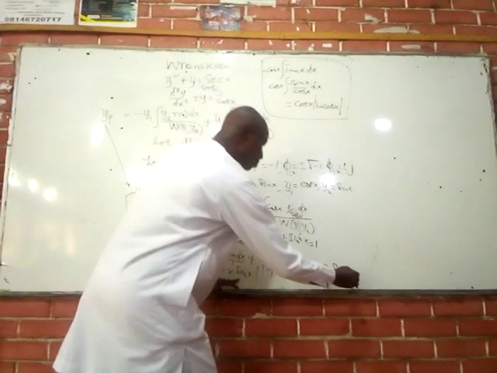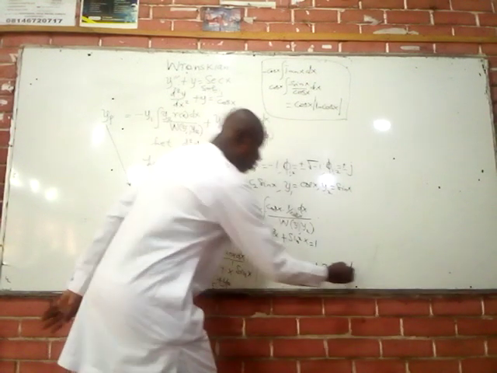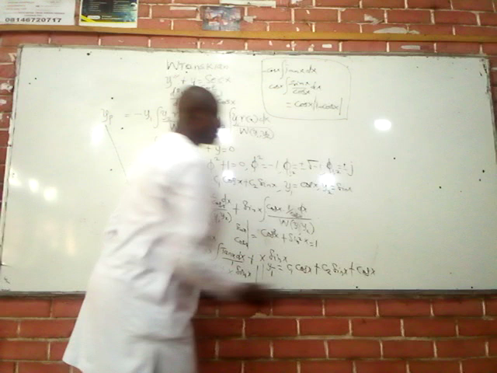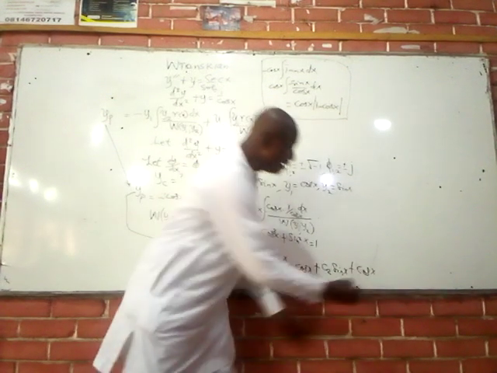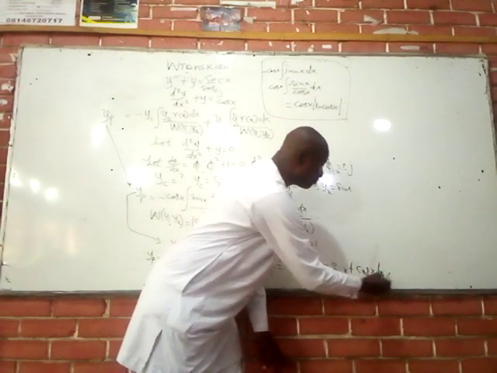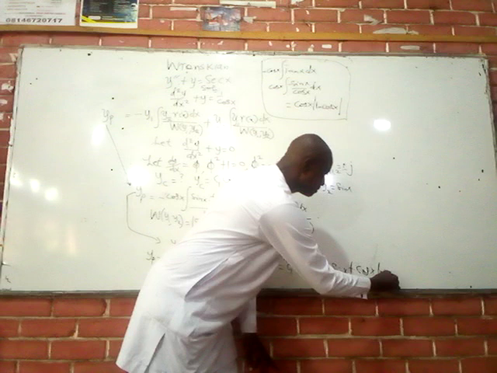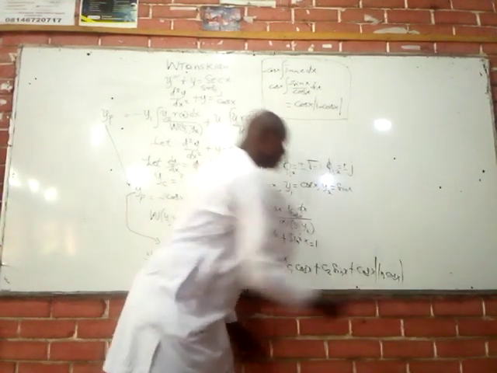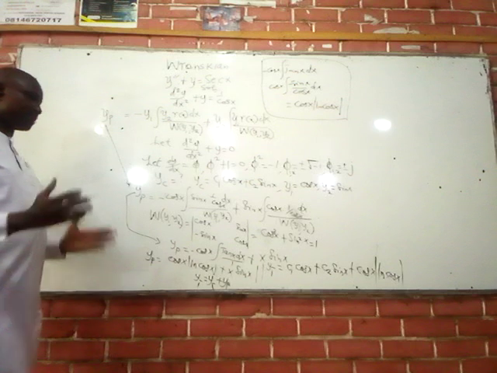Y particular will now give you plus cos x, then ln natural log of cos x. Natural log of cos x, absolute value, because we require positive values.